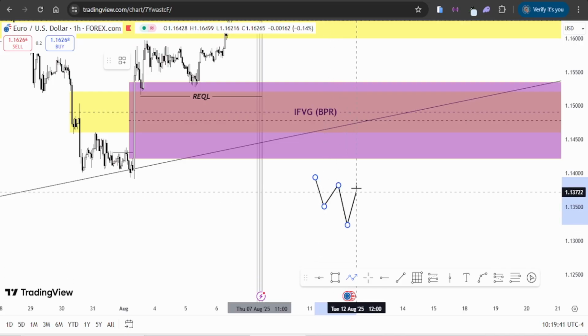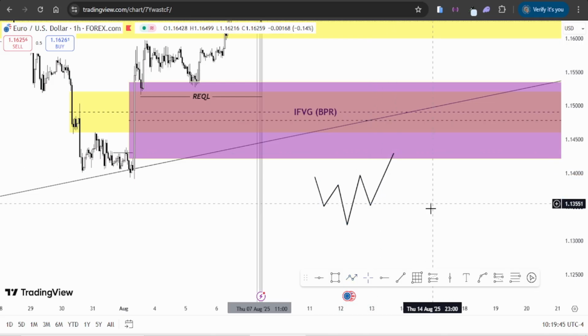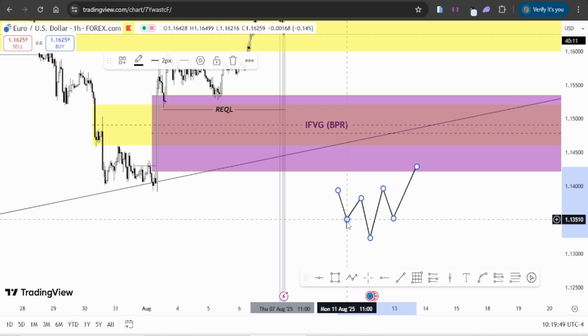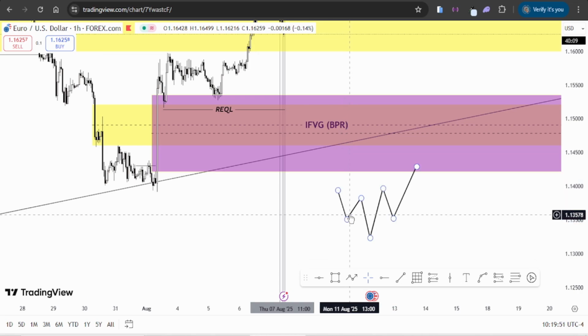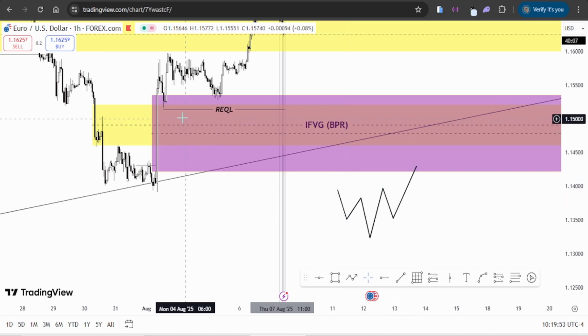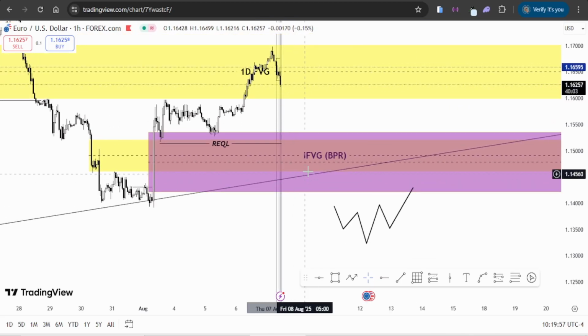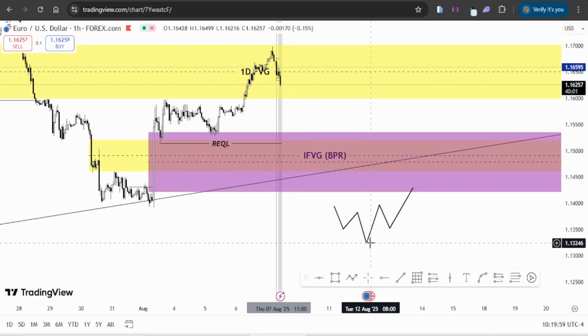Take out this low, break this high before. So this low is a hanging low here, and we are expecting price to dig into it with this leg.